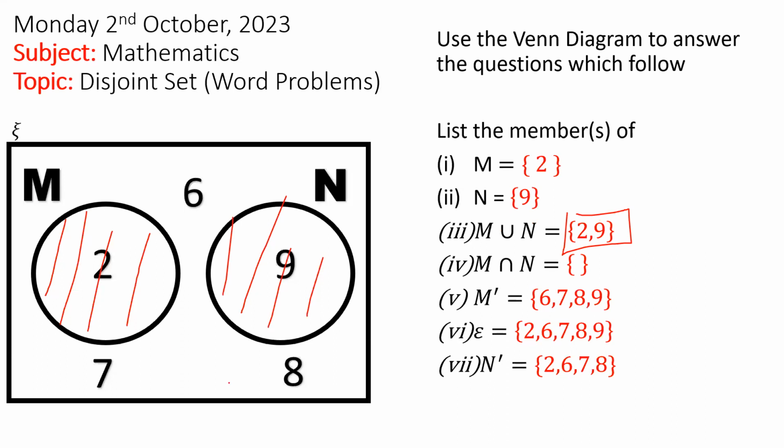Tanaj? Yes, sir. Okay. And then this one, the upside down one, is saying where do these two sets have things in common? Do they have any overlapping areas?